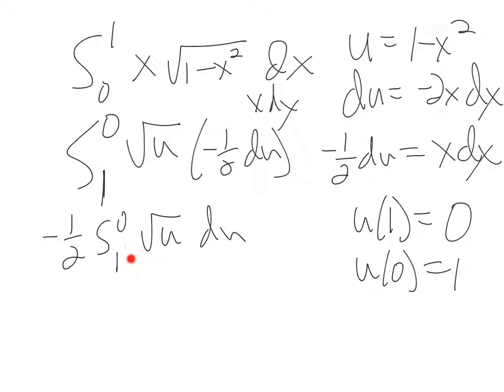So I'm going to switch 0 and 1, and what I'm hoping you remember from before is that when we switch those limits of integration, we have to change the sign. So that's going to become positive 1/2 times the integral from 0 to 1. And of course I'm going to change that radical to the 1/2 power right now. So that's what we're going to integrate. A lot of prep work to take something that looks awful to something that's not too hard.